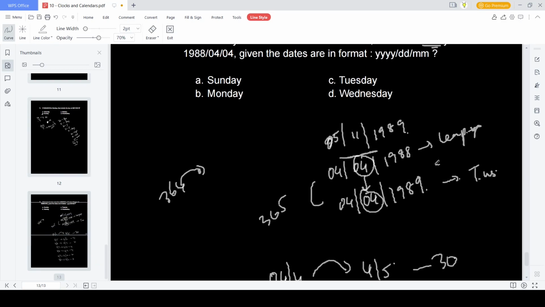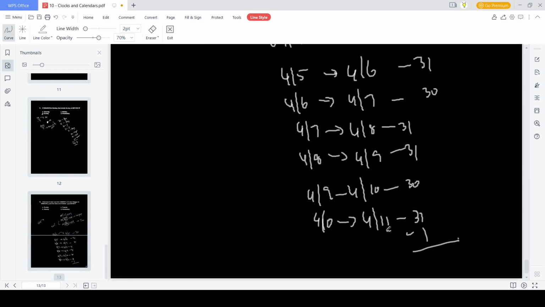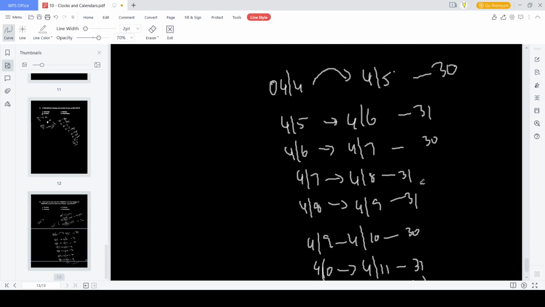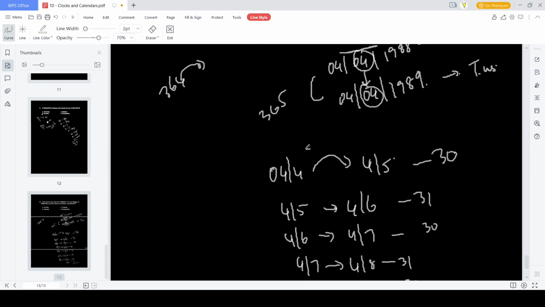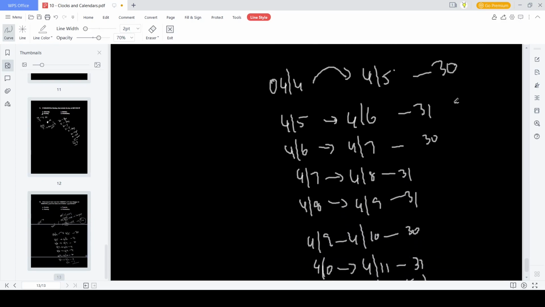Now we need to find 5th of November, so we'll add an extra day. On 4th of April we calculated it was a Tuesday; we'll keep that in mind.